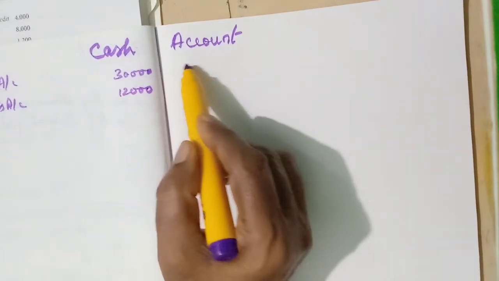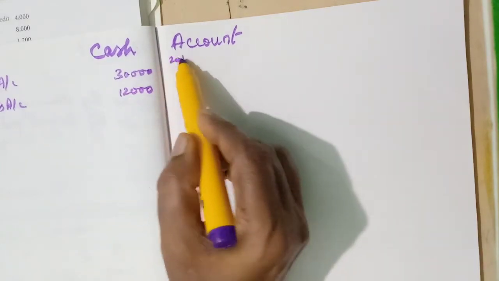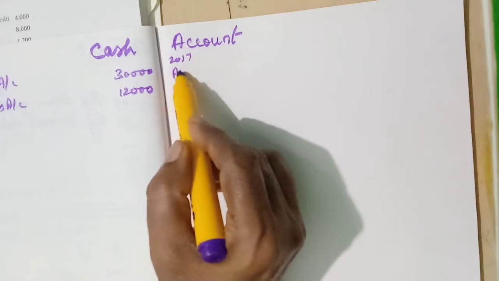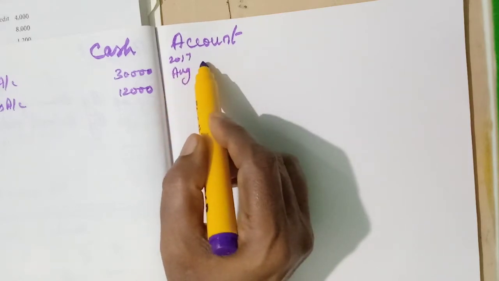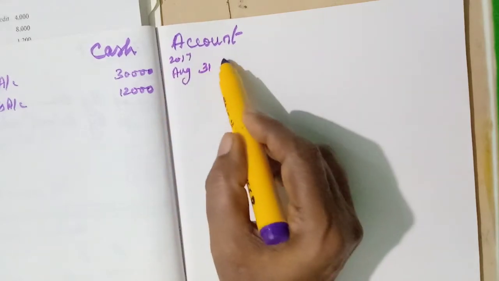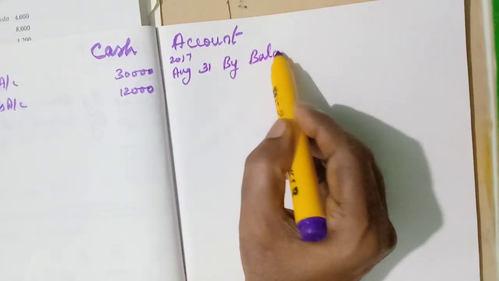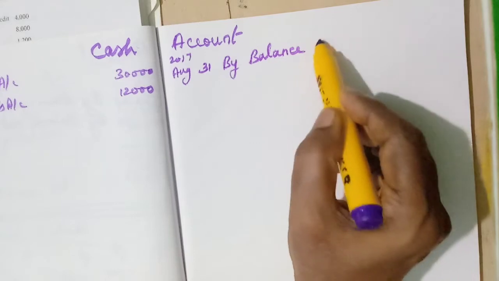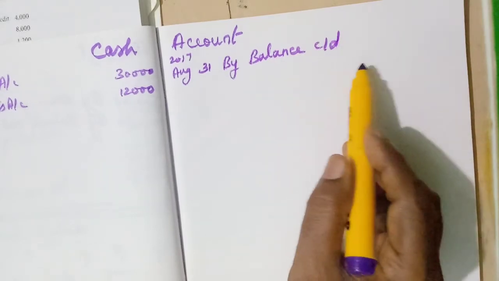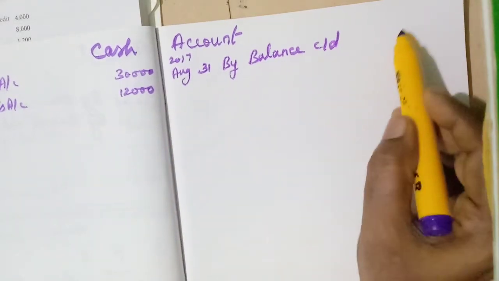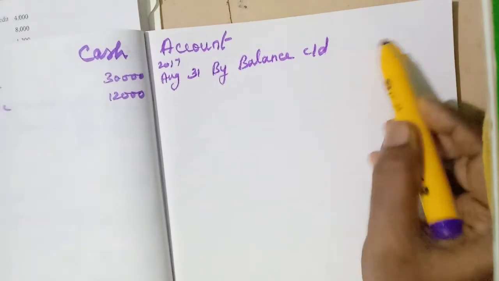Now we can close it. The same year, month same August, last date 31, isn't it? Since no items on the credit side, the full amount will be coming, 42,000.